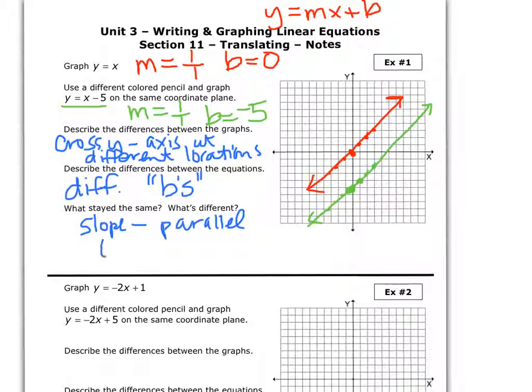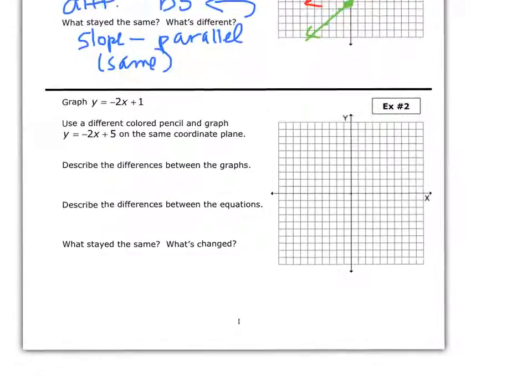Same slope is really what I should have said, which makes parallel lines. And then what's different here, different y-intercepts. Okay, so that's one way to describe differences and similarities, is to look at the graph and see what it looks like.